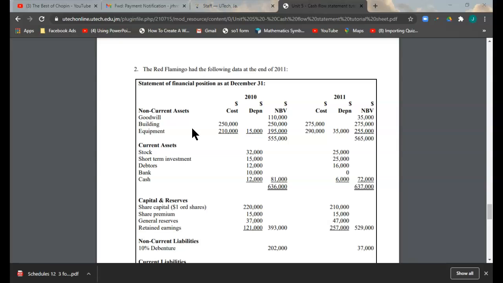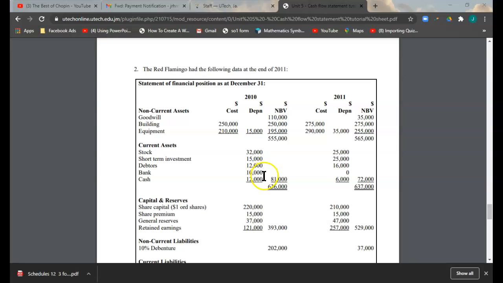Okay? So let me go back to the statement of financial position. Now for the statement of cash flows, most of the time we'll be doing some subtraction of information or data that is found right here on the face of the statements of financial position.